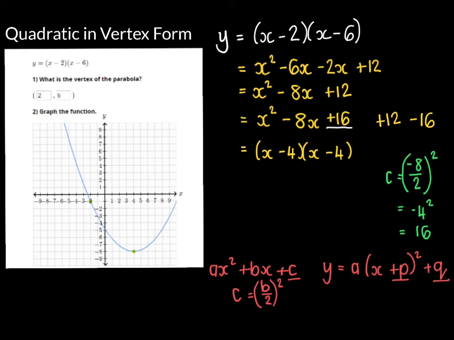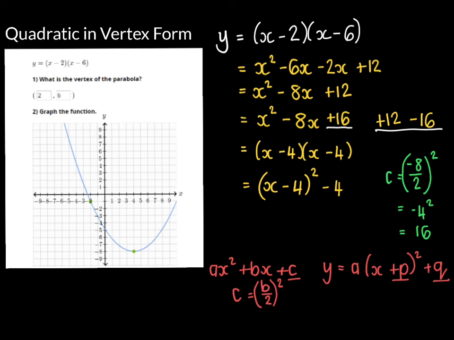It's kind of like x times x would give me x squared. So (x minus 4) times (x minus 4) is just going to give me (x minus 4) all in brackets, squared. But now what do I have left over? Remember, I've still got plus 12 minus 16. I've got to add this in here. So if I take plus 12 and I minus 16, I'm going to get negative 4. And that is actually the answer we're looking for.